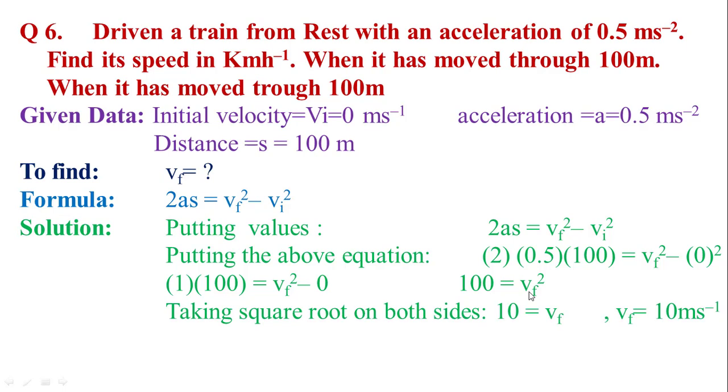Then taking the square root on both sides, Vf is equal to 10. Now the final velocity Vf is equal to 10 meter per second.